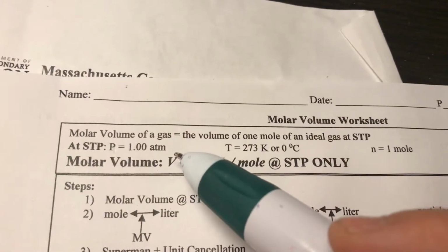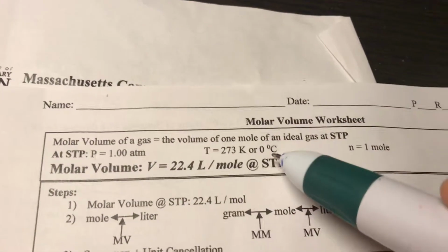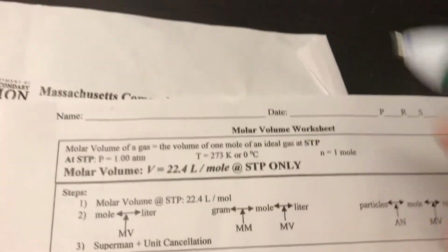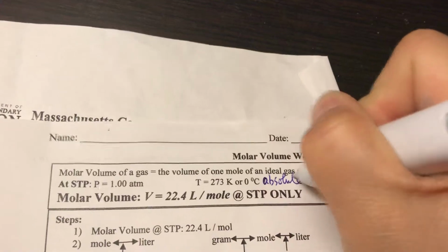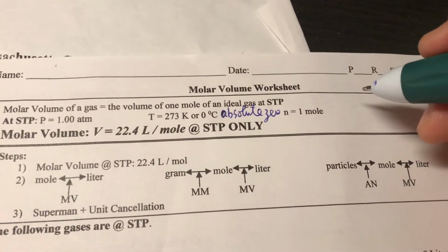Standard temperature and pressure means the pressure is 1 atm, and the temperature is 273 K or 0 degrees Celsius, and n is 1 mole.